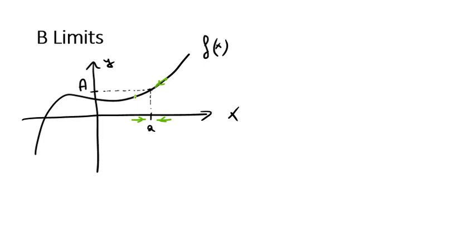If x approaches a, then we can say that the y value approaches this capital letter A, and that is the limit. That is how we define limits. The capital A here is the limit.